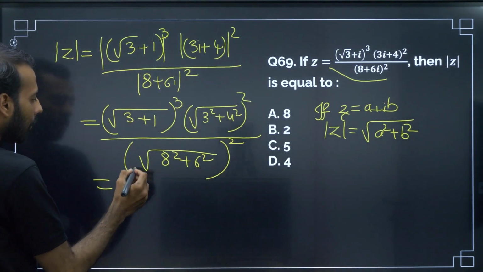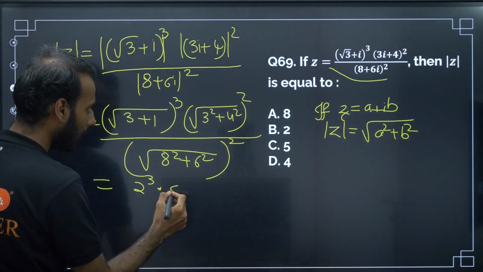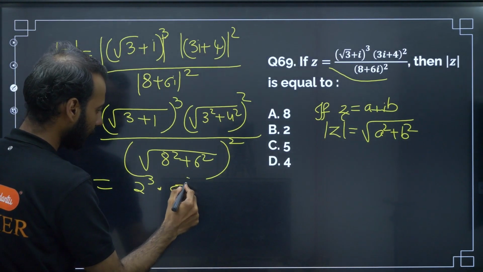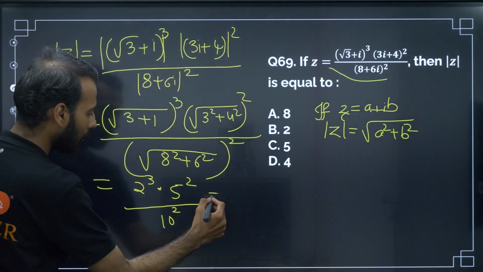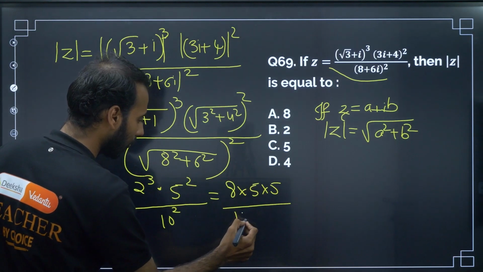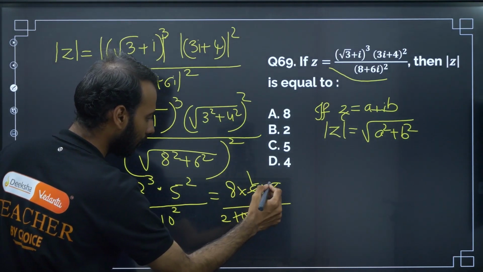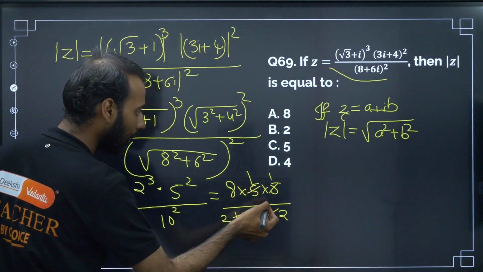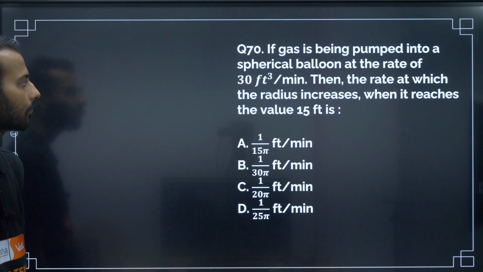Next, 2 cube, root of 3 square, 5 square, and what about this 10 square? So this is 8 into 5 into 5. What about this 10 into 10? Here I will write 1, here I will write 2. Here I will write 1, here I will write 2. 8 by 2 is 4. The answer is 4. Moving to next question.